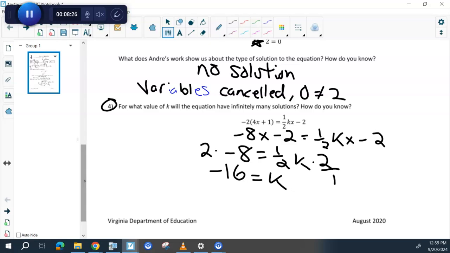But how do you solve for k? So if I have some fraction like this, these two are multiplying. To get rid of that, you would usually divide, but that looks hectic. Trying to divide fractions all over the place. So instead, you multiply by the reciprocal, yes. So you multiply by negative 8? You multiply by 2.